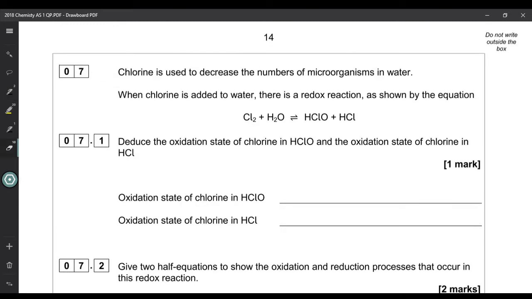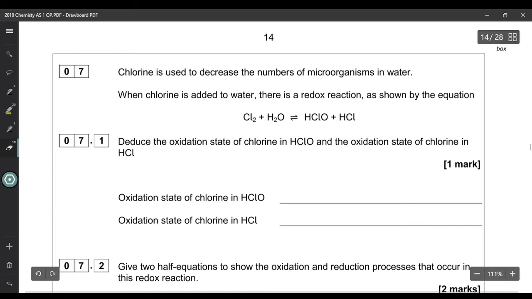So question 7 starts off by asking us about oxidation states. We've got the equation of chlorine and water here. It says deduce the oxidation state of the chlorine in the HClO and the oxidation state of the chlorine in HCl. So here you've got to remember under what conditions the other atoms will have certain charges.